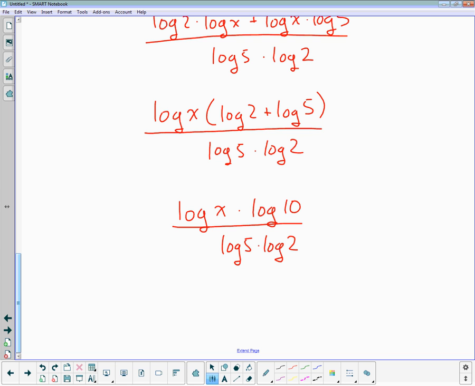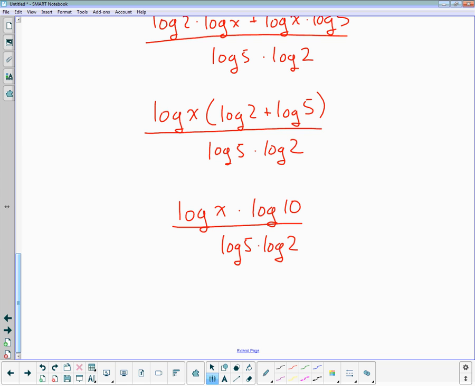And what is the one thing that I can do now to simplify? Can I do anything anywhere? What is the base of that log? 10. What did I say log base 10 of 10 is? What are your rules? Look at your rules.